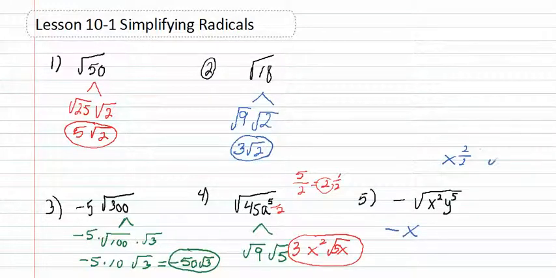I take the y to the 5th power and divide it by 2. 2 will go into 5 2 times, because 2 times 2 is 4. So I have y to the 2nd, and that goes on the outside.